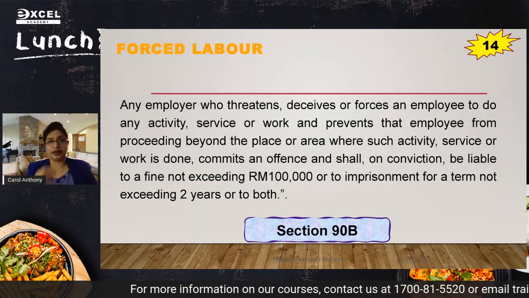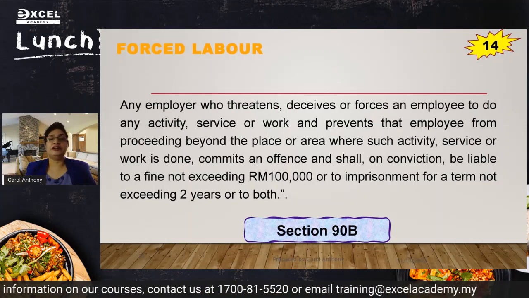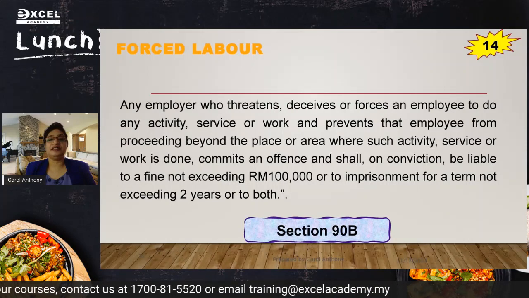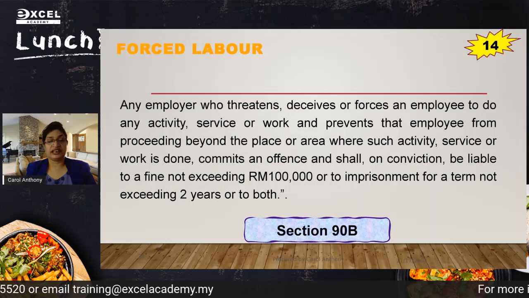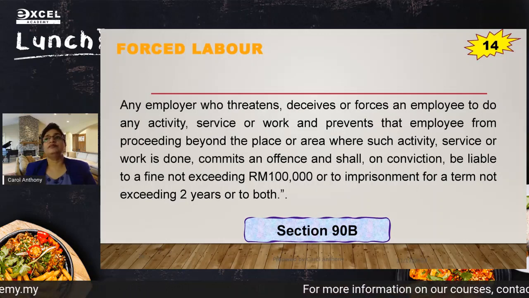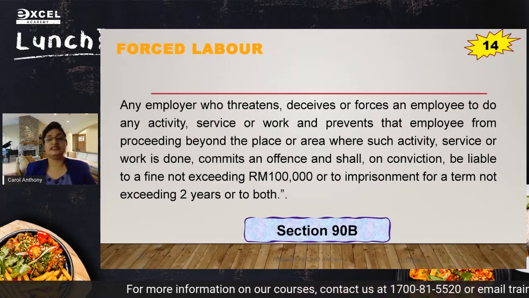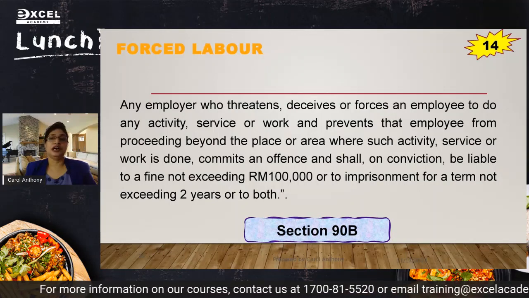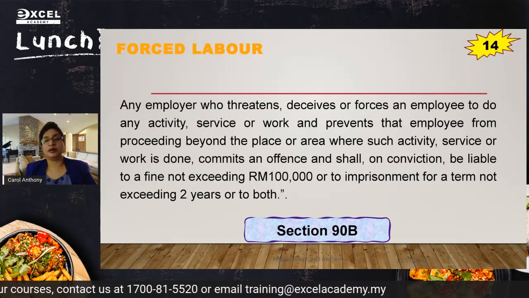Section 90B. So what it means is you can't force an employee to do some activity which is against the rules and regulations or against this act. Example, overtime. Overtime cannot be forced. Some organizations may say, oh, you come in to work here, every day overtime must work for 4 hours.